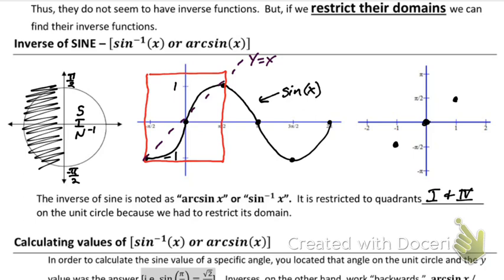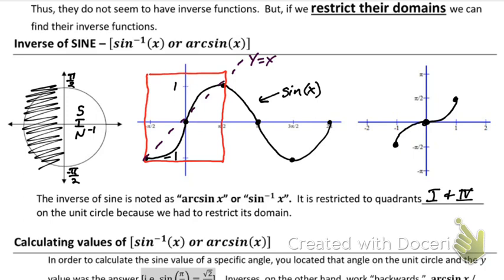So this graph will actually look like that. It is just inverses, guys. To find the inverse of a graph, you flip it across y equals x. So if you flip this over your y equals x, you have your inverse. Oh, okay. I don't have time to teach inverses right now.